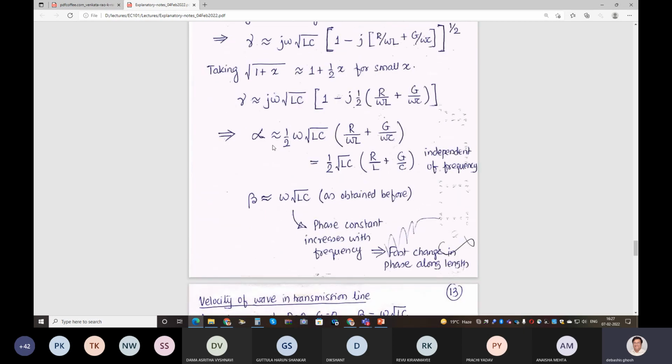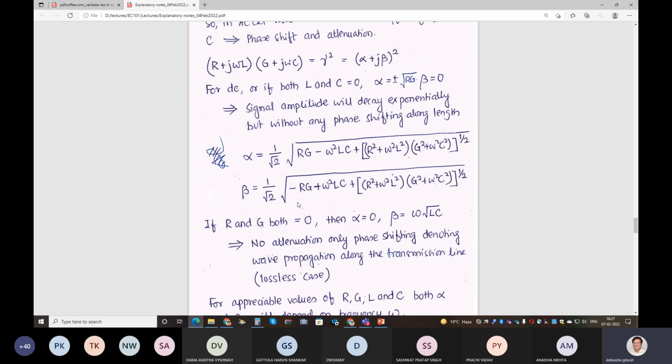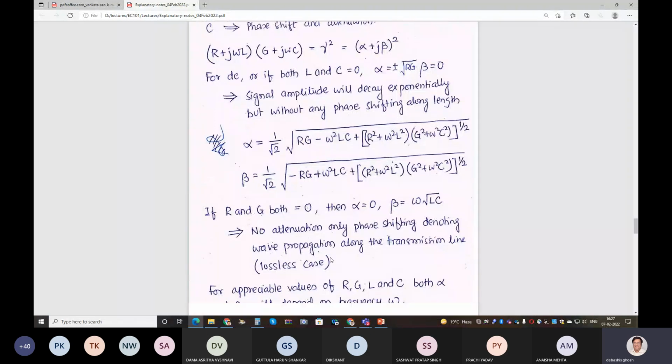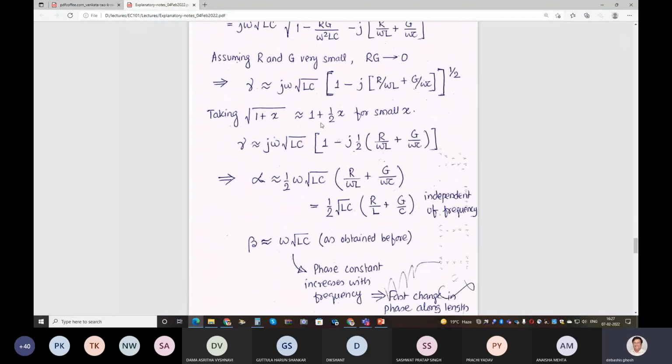So you can see that alpha will be more or less independent of frequency, and beta will be approximately equal to omega into root over LC, which we have found here. This is the case because we are not taking R and G exactly equal to 0, but very small. So there will be some attenuation, but again alpha will be more or less independent of frequency.